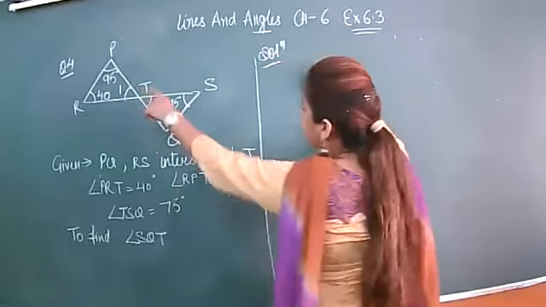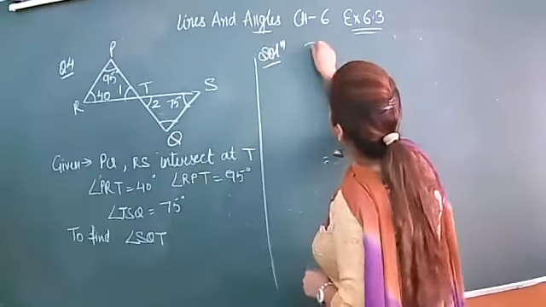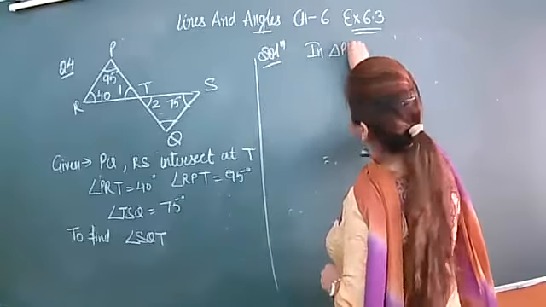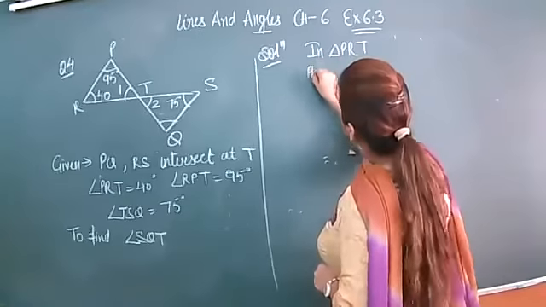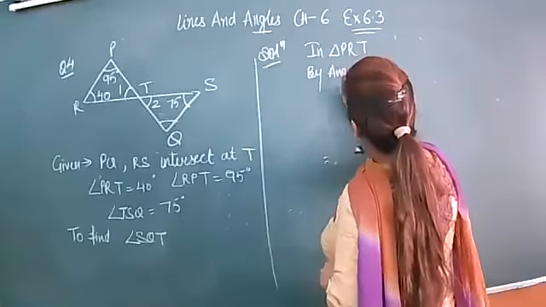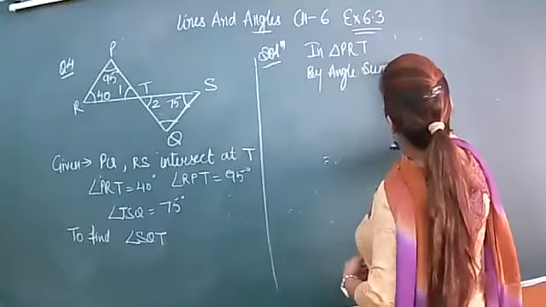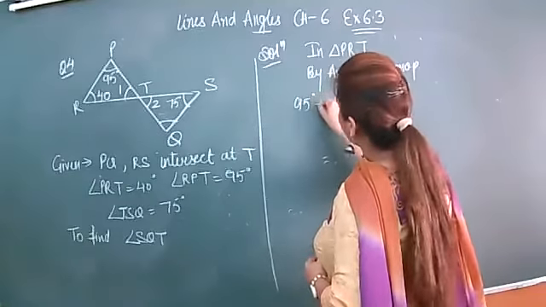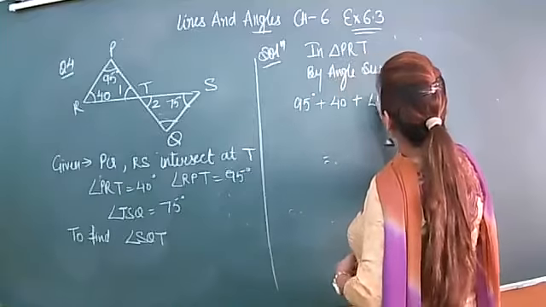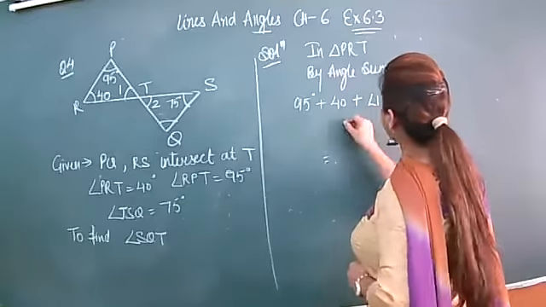So let's use angle sum property in this small triangle PRT, in triangle PRT, by angle sum property 95 plus 40 plus angle 1 is equal to 180.